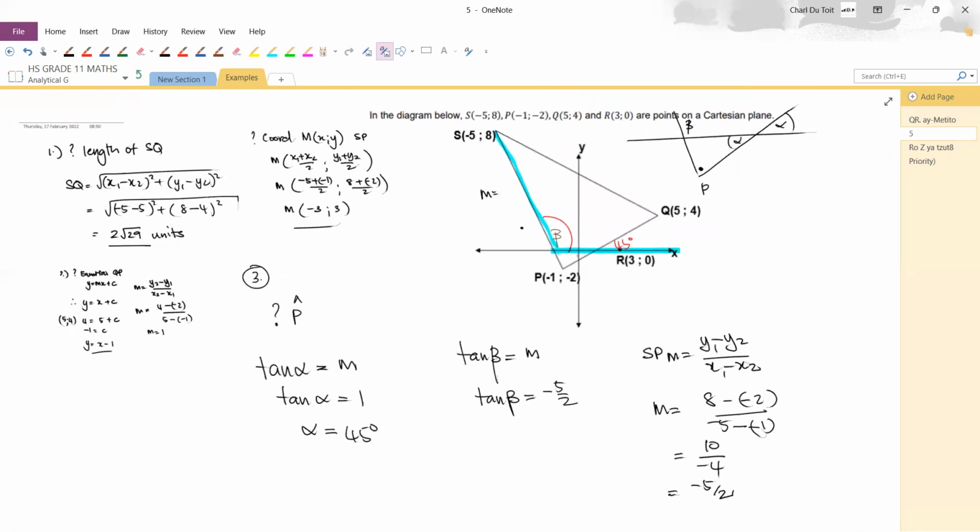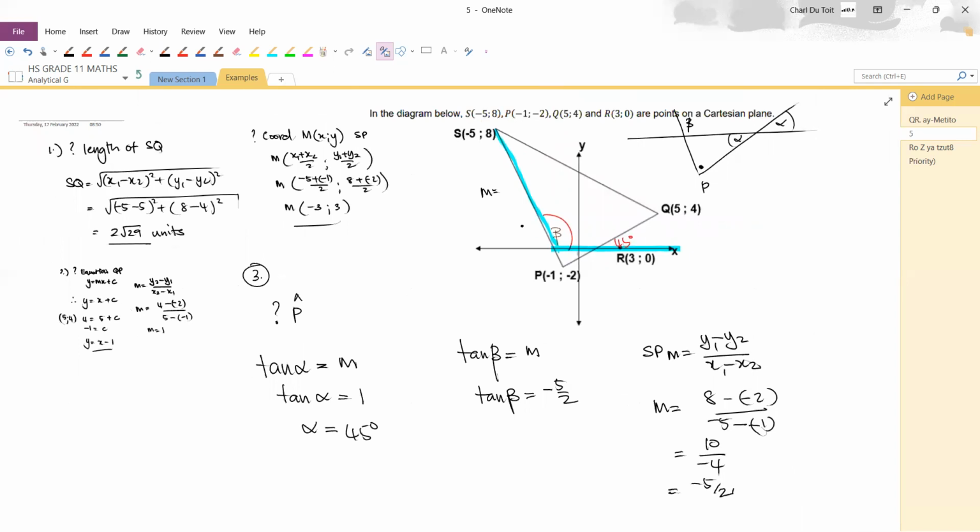Now, remember from last week, if you have a negative gradient, there's something special that you have to do. Do shift tan of -5 over 2 first. That's negative 68 point something.